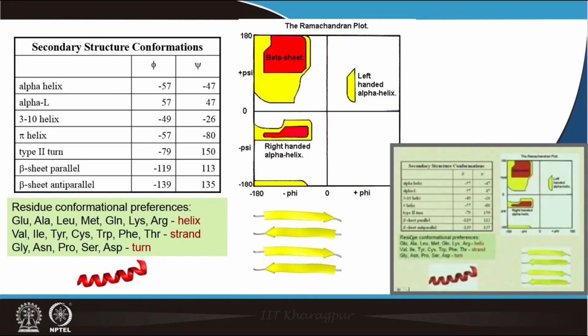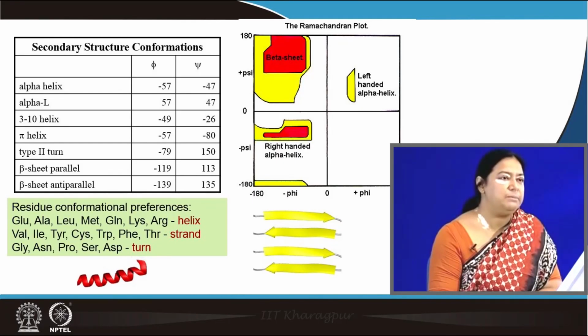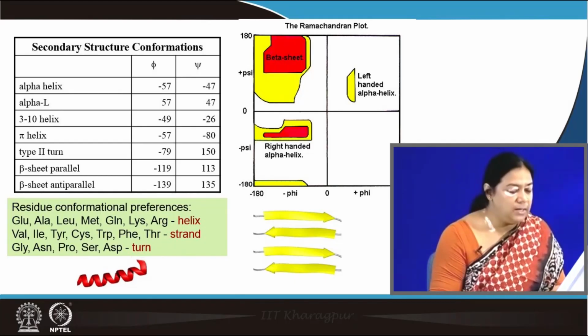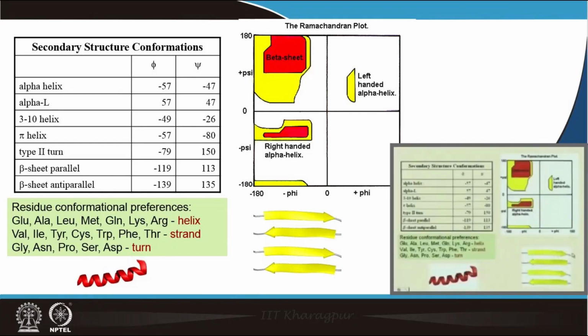Now, you can say by the name itself what that might mean. It might mean that the strands are parallel to one another. What do I have here? I have an anti-parallel beta sheet. Why? Because one of my strands is in this direction, the other is in this direction, then the next one is in that direction, and then I have one in this direction. So, this would be an anti-parallel beta sheet.